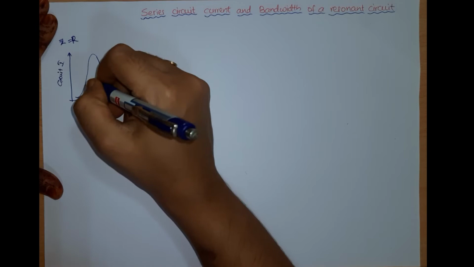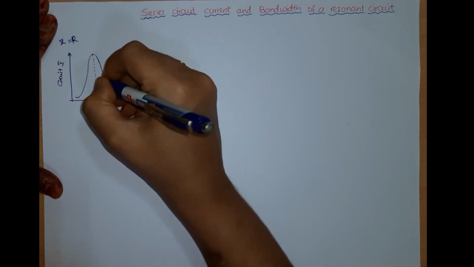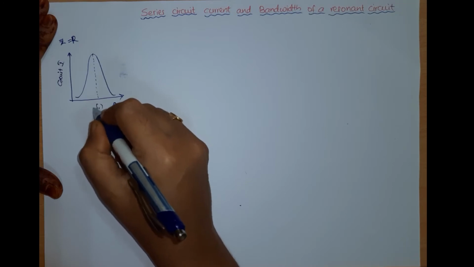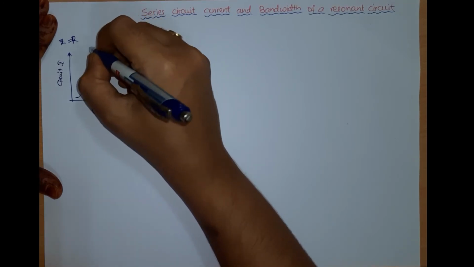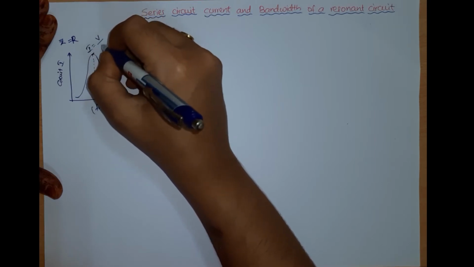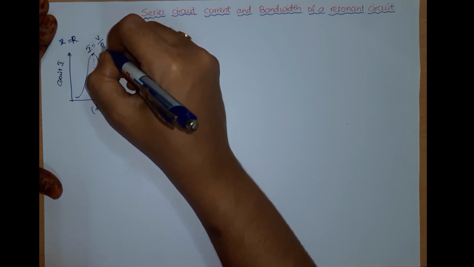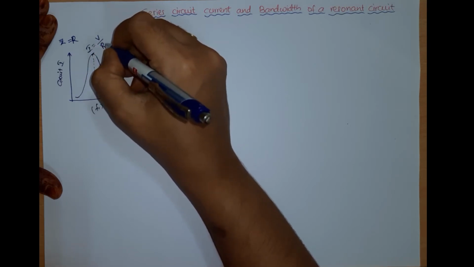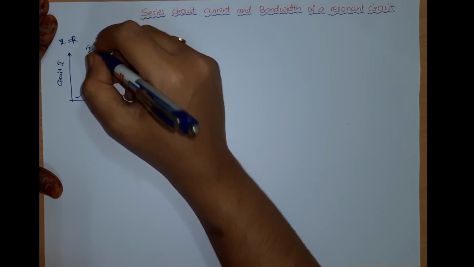Suppose this is my resonant frequency Fr. At series resonance, what happens to the impedance? Impedance is minimum. As we know, I is equal to V by Z, but Z is equal to R at resonance. So as R is minimum, I will be maximum.